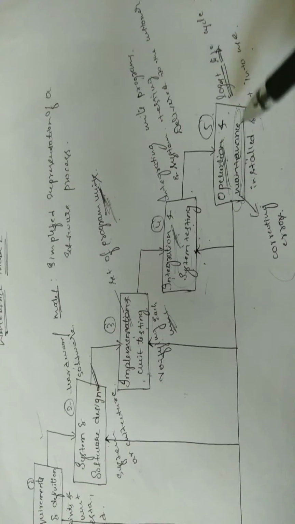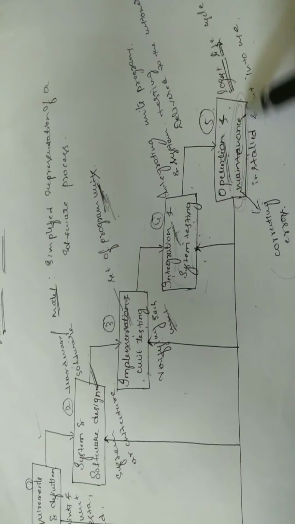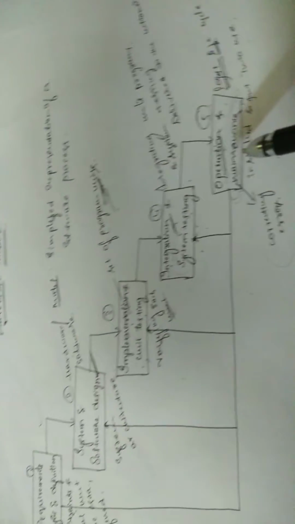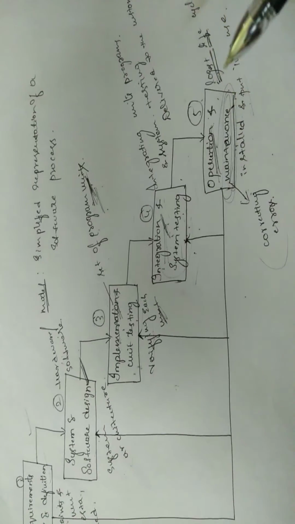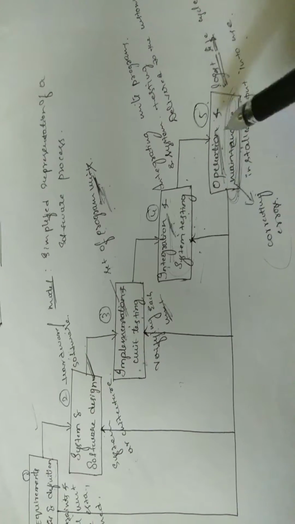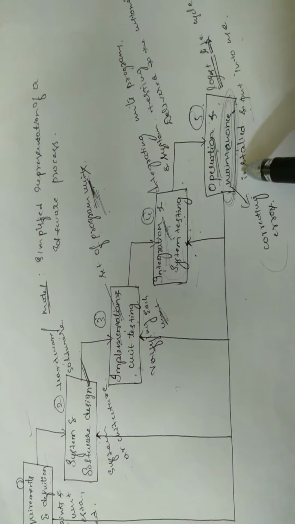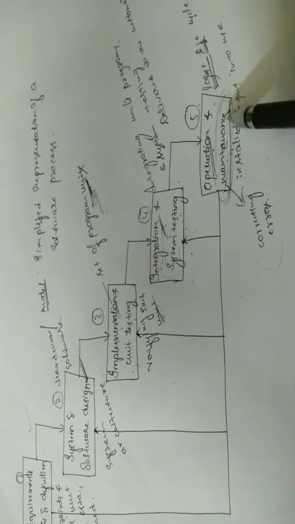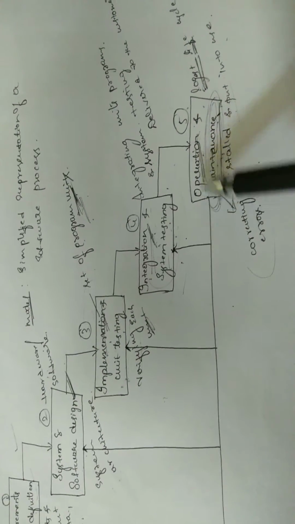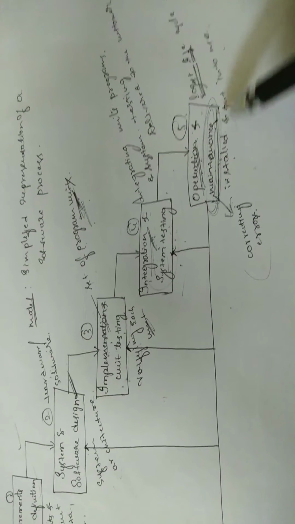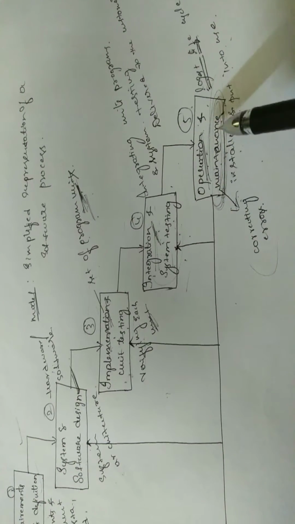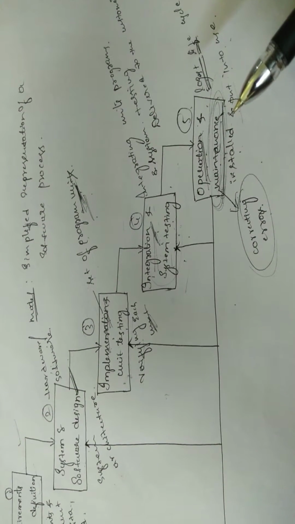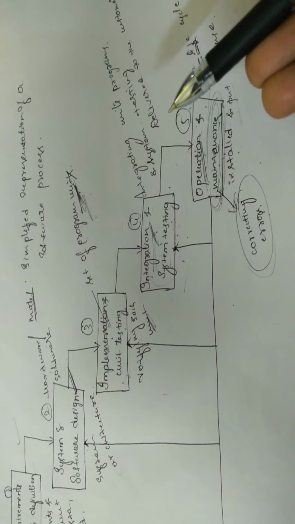If anything is to be added to the software, it is possible in this maintenance stage, because all the errors are corrected, any new errors discovered are fixed, and if any new requirement is to be added, we can add it in this maintenance stage. Operation is nothing but installation of the software and putting it into use, and maintenance is nothing but correcting errors and implementing new requirements that are discovered.